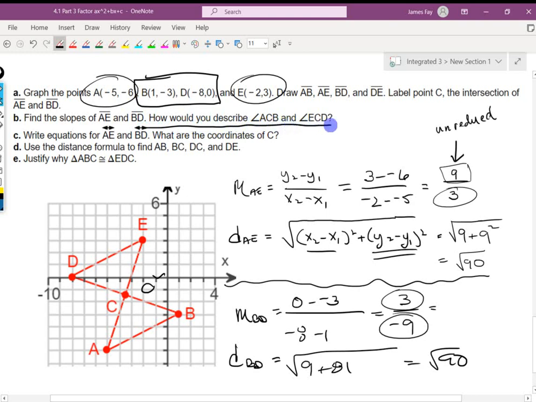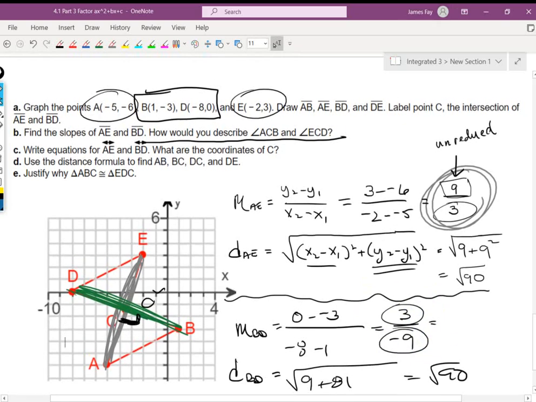What about, it says, find the slopes AE and BD. How would you describe angle ACB? How would you describe that angle right there if you know that that slope is 9/3 or positive 3 over 1, and that slope right there is negative 3/9 or negative 1/3? How do these two fractions relate to one another? Are they the same fraction?